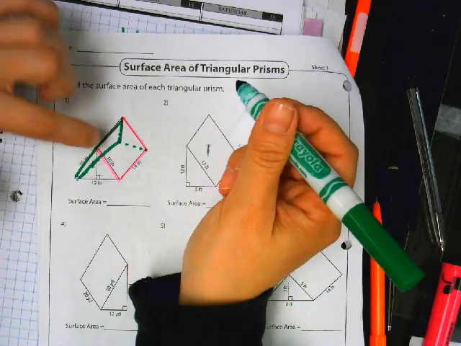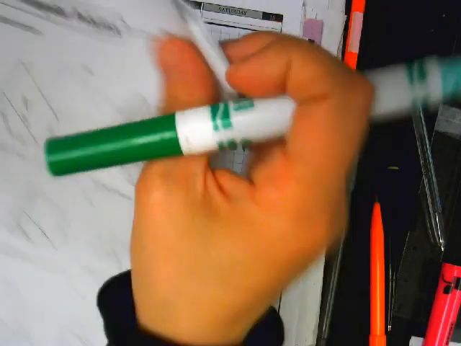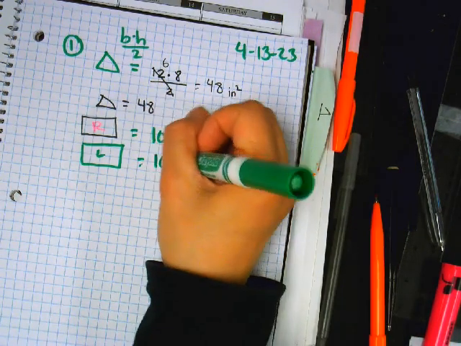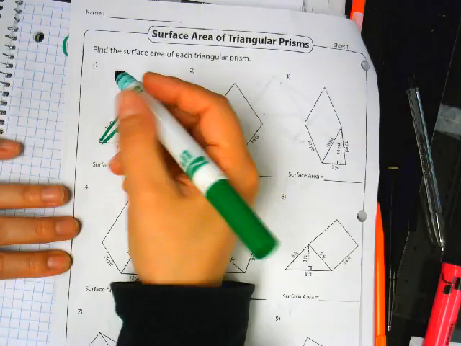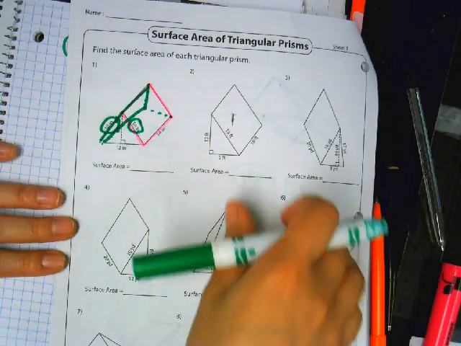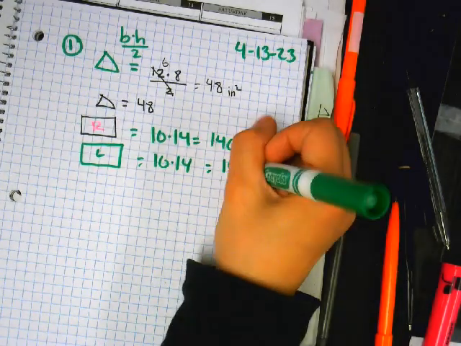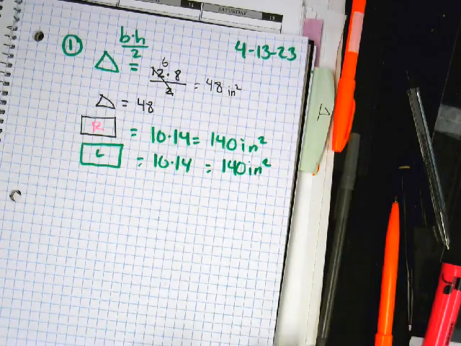It would be the same. So it would also be 10 times 14. Why is it the same? Because it's an isosceles triangle and they're both 10, right? They're both 10, so they do repeat. So that would be also 140 inches squared, right?